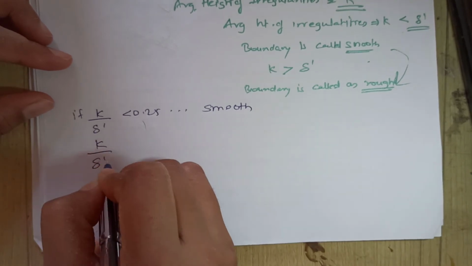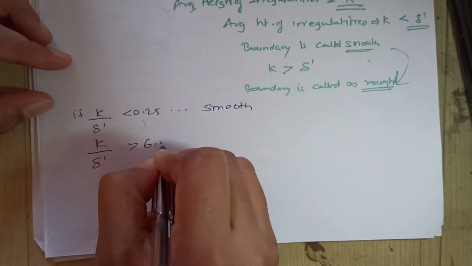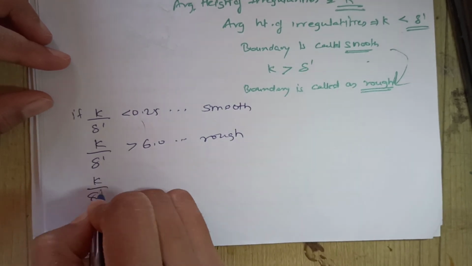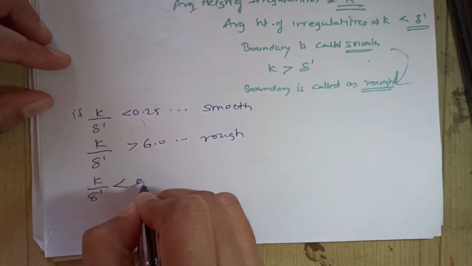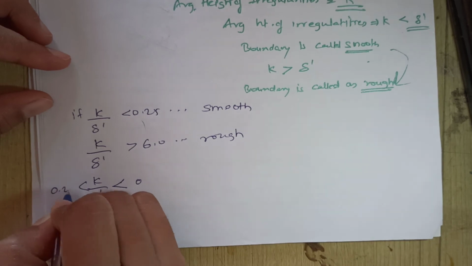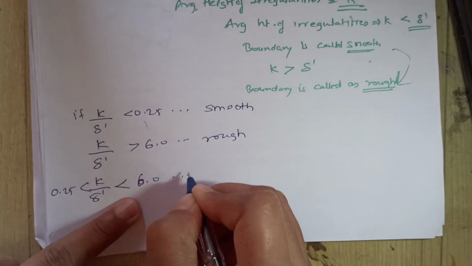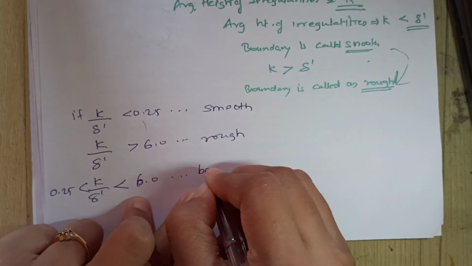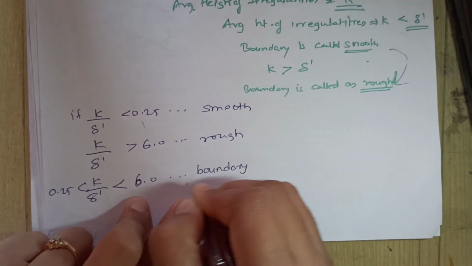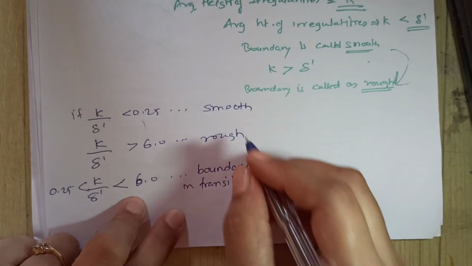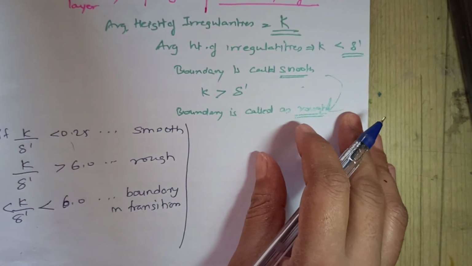If K upon delta dash is greater than 6.0, it is rough boundary. If K upon delta dash is greater than 0.25 and less than 6.0, it is boundary in transition.